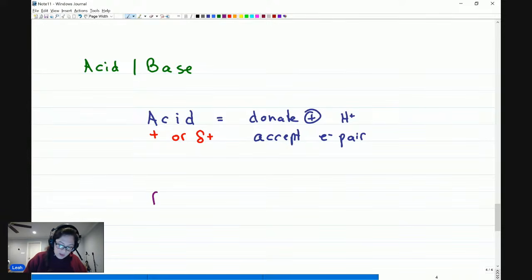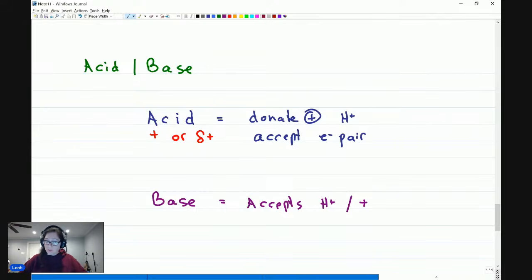If we look at a base, we talked about an OH minus in solution. I think I gave it to you wrong when I said Arrhenius definition. It's an OH minus in solution, which would accept a proton. Bronsted-Lowry is just anything that accepts a proton. And so if we're talking about something that accepts an H plus, a proton, the charge would be negative or partially negative.